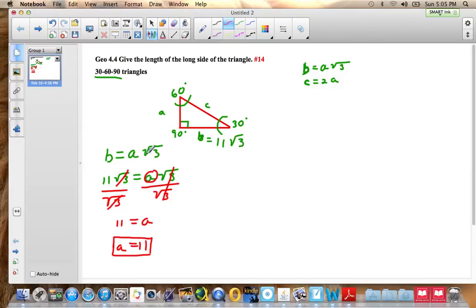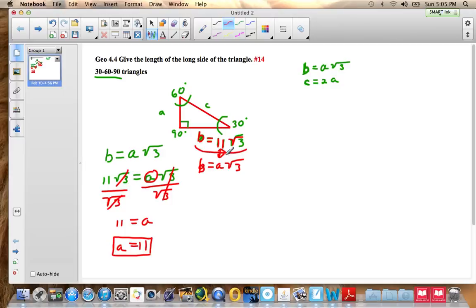Another way to look at this, honestly, is if I look right here, B equals 11 square root of 3. Well, if my formula is B equals A square root of 3, then simply looking at it right in here, I can see that A is going to end up being 11 because it's filled in right there.